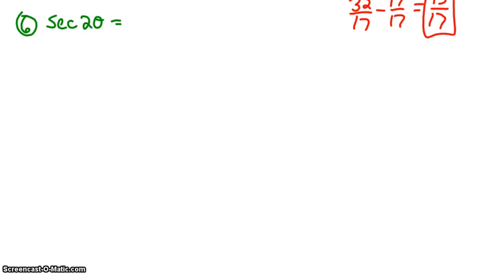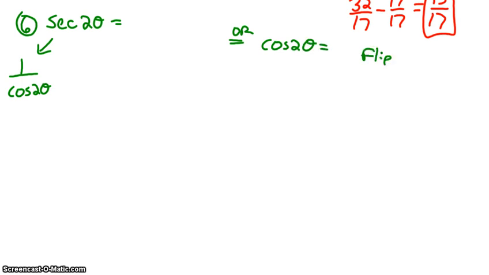Now if we look at number 6, secant of 2 theta, I need to be reminded that this could also be written as 1 over cosine 2 theta. So I could work my problem out like that, or I could simply work the problem for cosine 2 theta and then flip it in the end as a reciprocal.